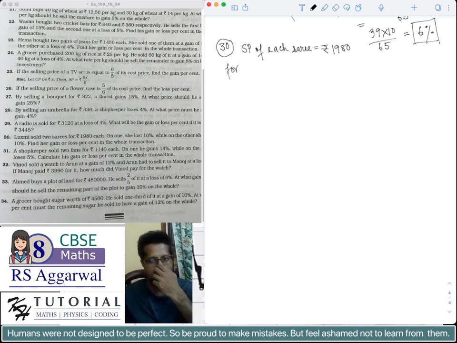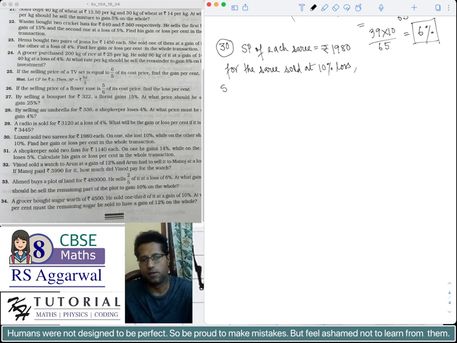For the saree sold at 10% loss, we have the selling price 1980.